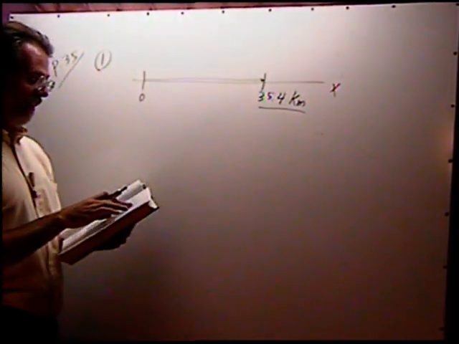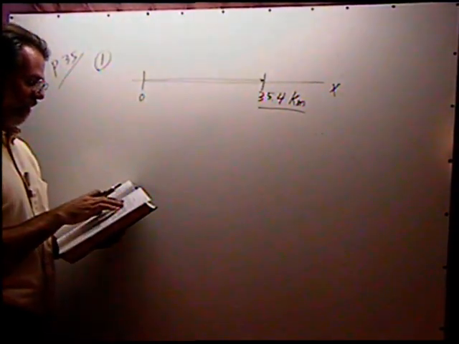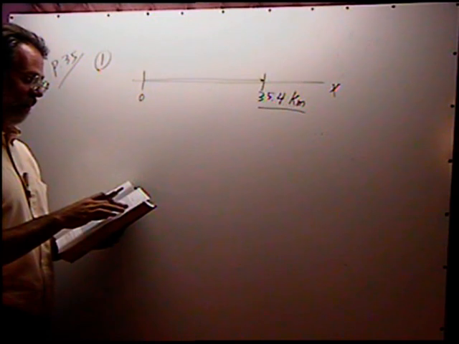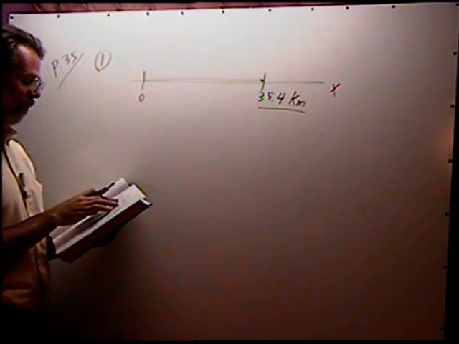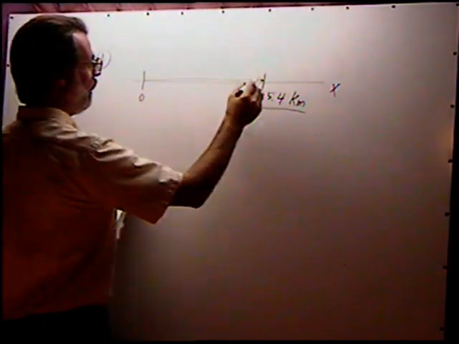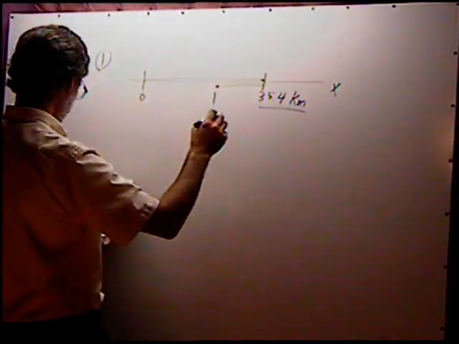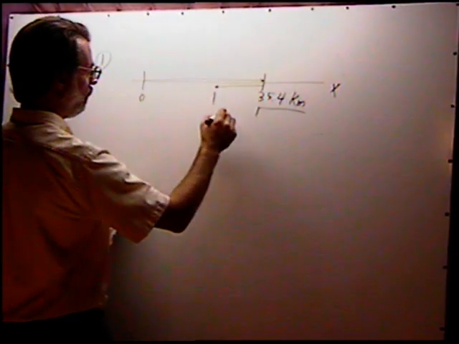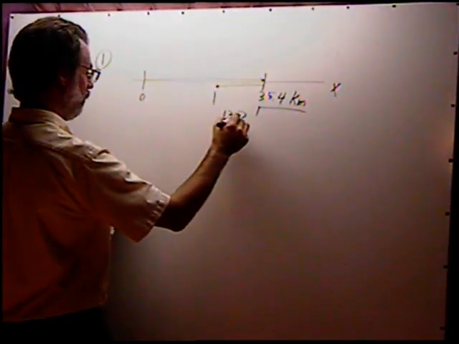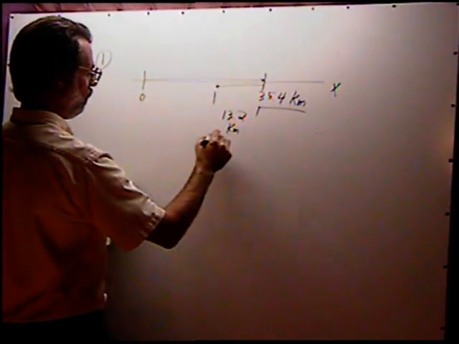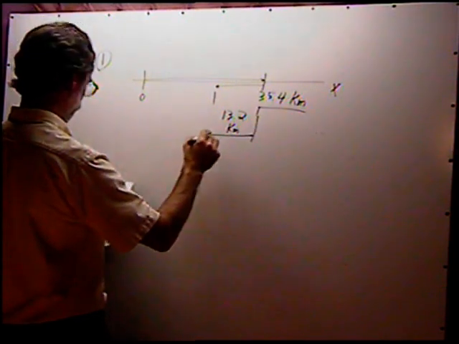On his way back, he's only traveling 13 back toward his place of business. So he comes back a distance. This distance here is 13.2 kilometers from here to here.